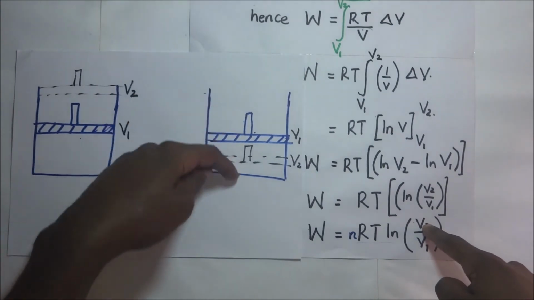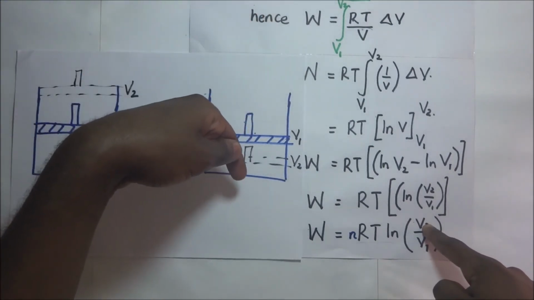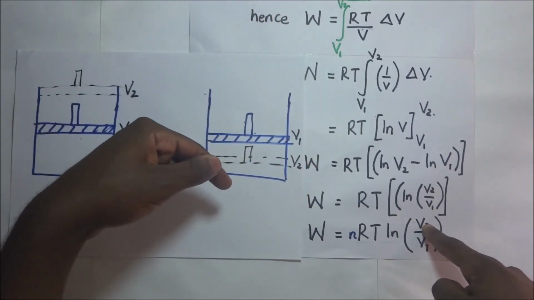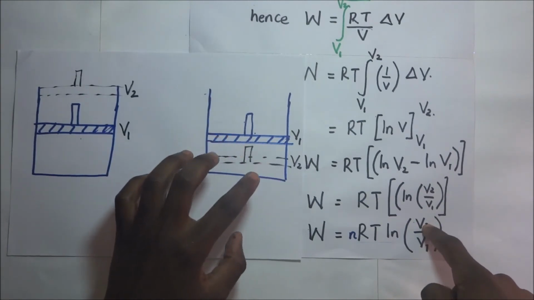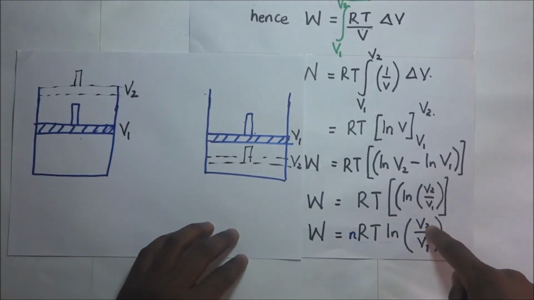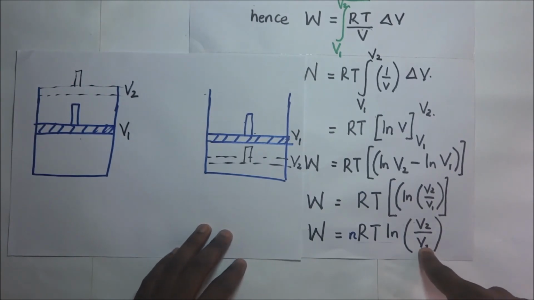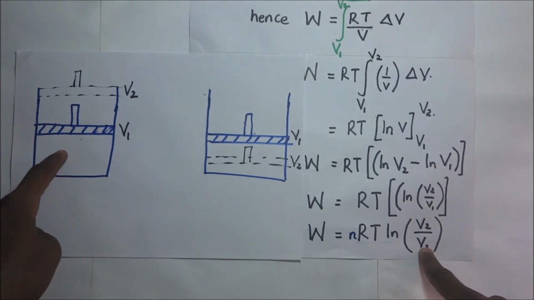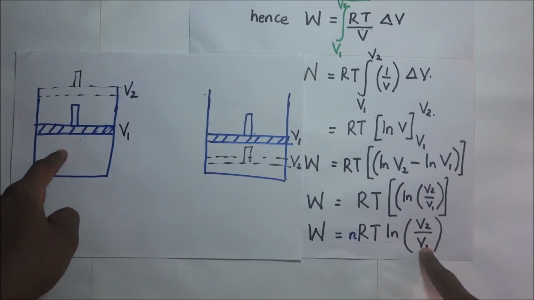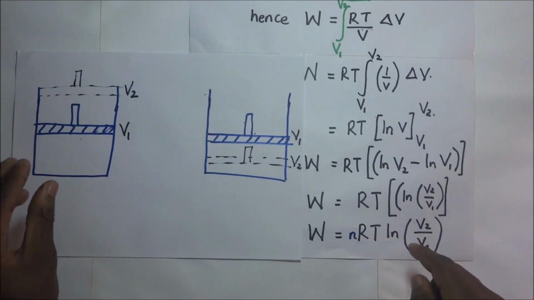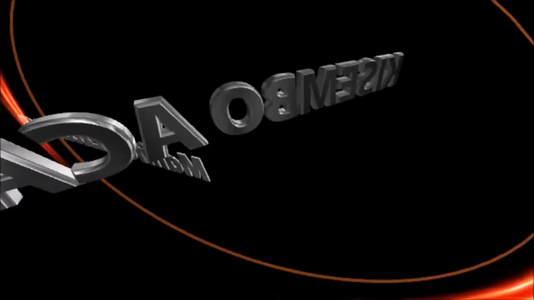When there is compression, work is being done on the gas, or work is being done on the system by the surrounding. On the other hand, if V2 is greater than V1, work is being done by the gas, or work is being done by the system on the surrounding. This brings us to the end of this video.